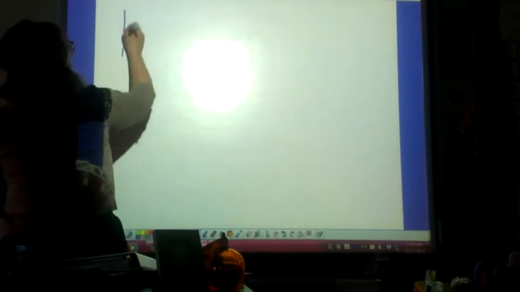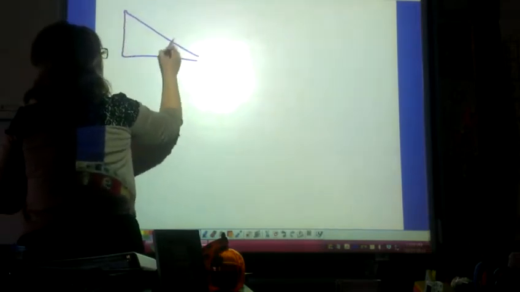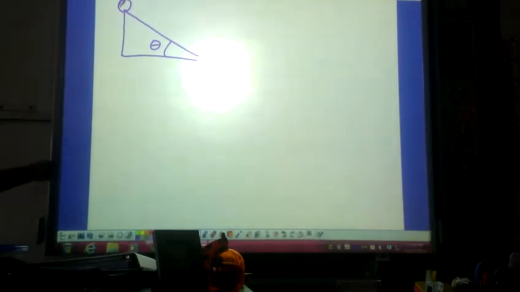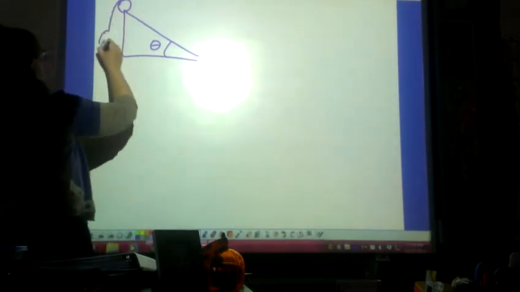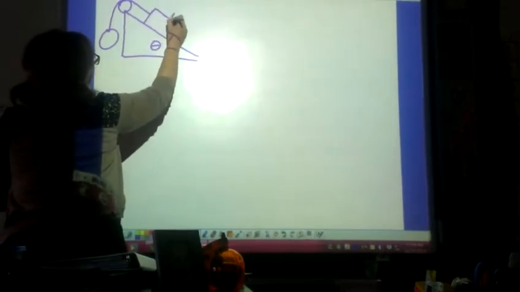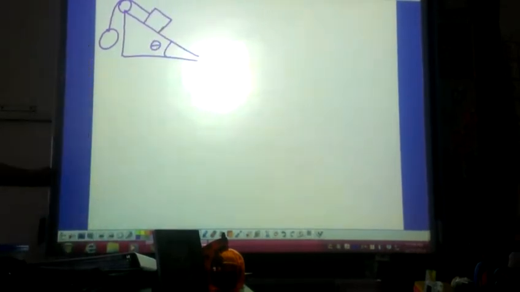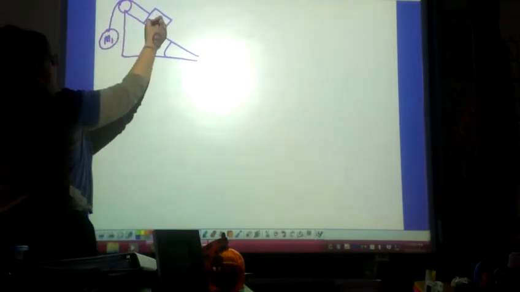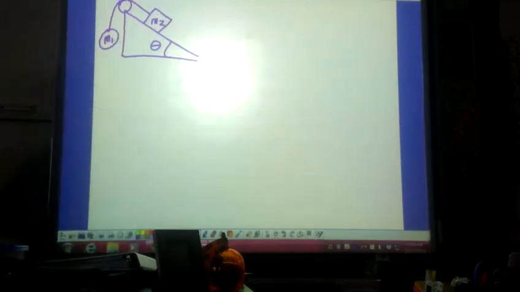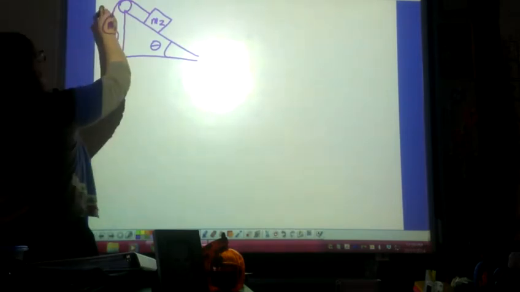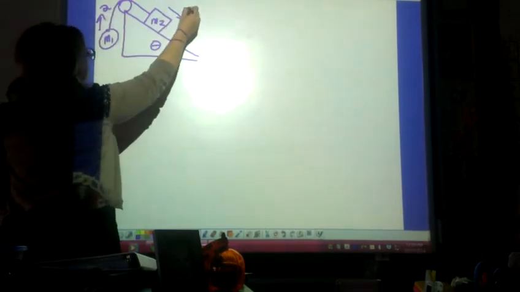Okay, so the incline looks like this. There's my pulley, and then the ball is this way, and the ramp was this way. We're going to call the ball M1, and we'll call the block M2, okay? And this one is accelerating this way.